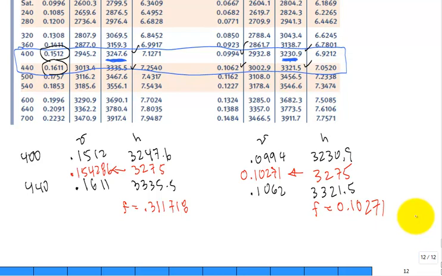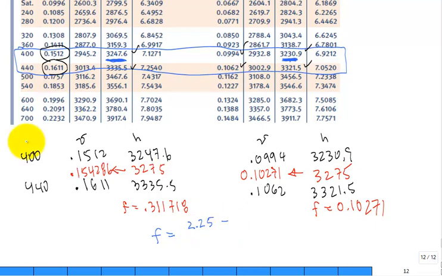Now that we've interpolated with respect to enthalpy, we want to interpolate with respect to pressure. Our fraction with respect to pressure is going to be, well, what pressure do we need it at? We need it at 2.25 megapascal.